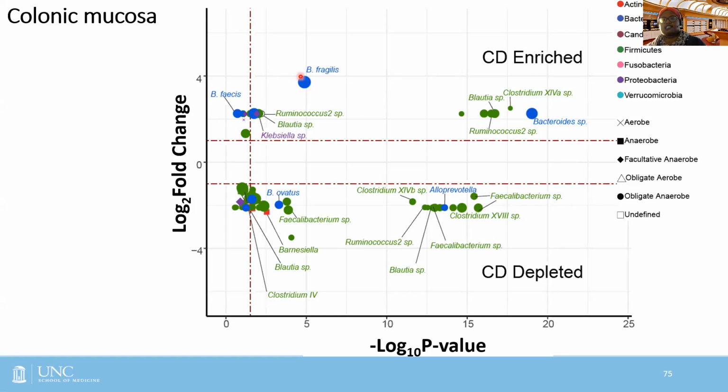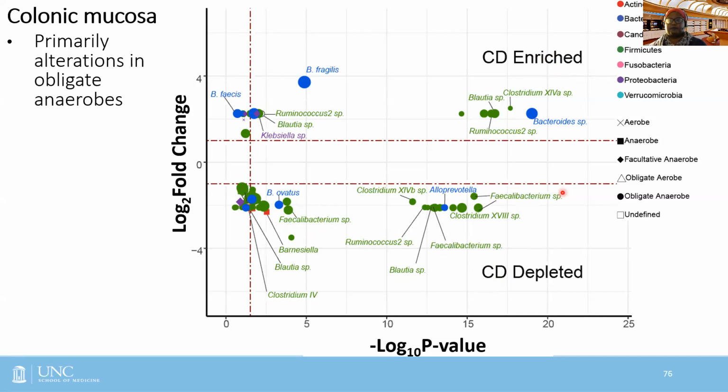So in this case, the size of this dot corresponds to the mean relative abundance of Bacteroides fragilis as seen in the colonic mucosa of Crohn's disease patients, while the size of this dot here, this Faecalibacterium, which is a bacteria normally associated with health, corresponds to the mean relative abundance of this taxa within non-IBD patients.